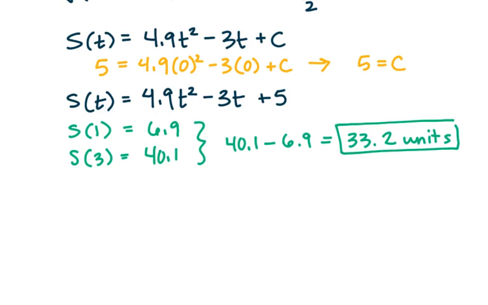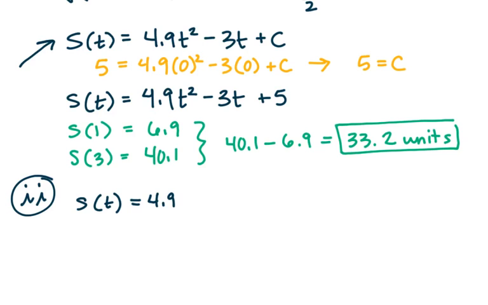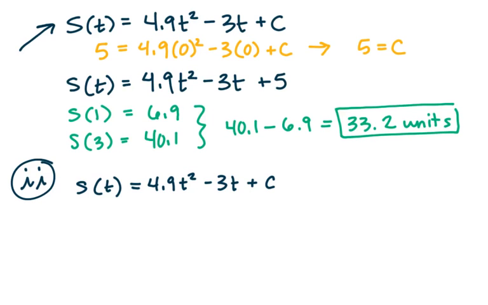So for part 2, we still have this same position function, 4.9t squared minus 3t plus c. But my initial condition is that s equals -2 when t equals 0.